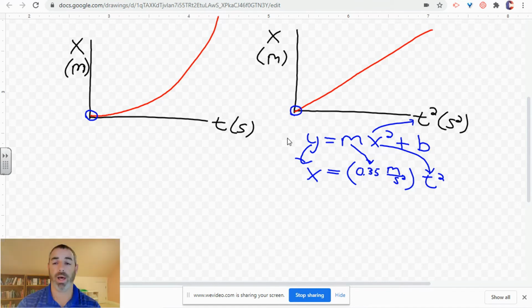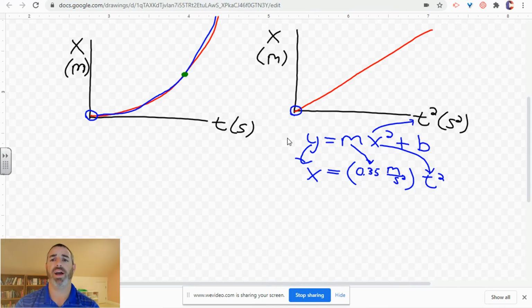This is the mathematical model that, when we graph it in our calculator and plot our points, and you can check out my video on analyzing data using the calculator, you'll be able to see that the graph fits perfectly right through your original data because x is proportional to t squared. So x proportional to t squared is not going to yield a straight line.